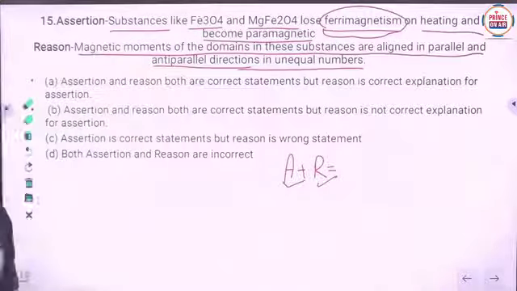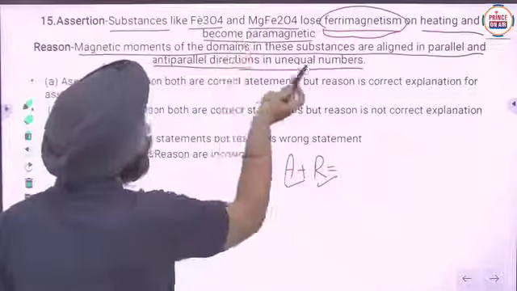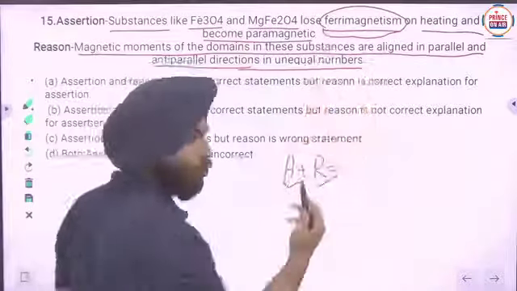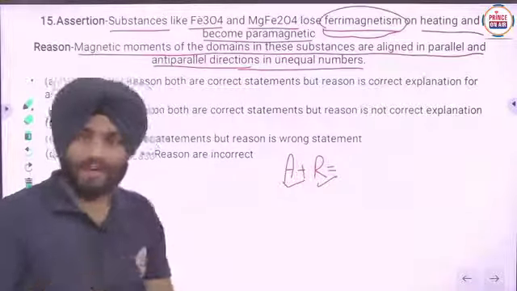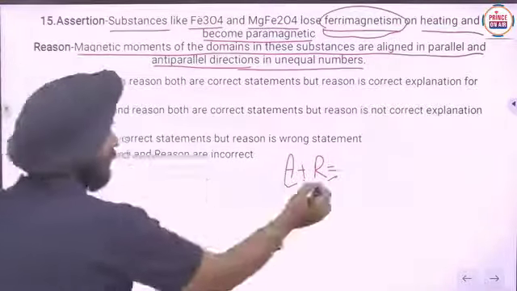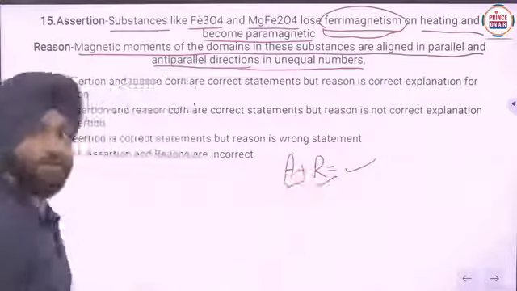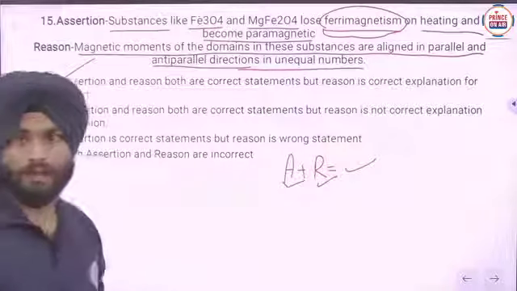Both statements are interrelated because ferromagnetism happens there, and on heating it becomes paramagnetic. That is also correct. So both are related, and option A will be the right one. Clear?